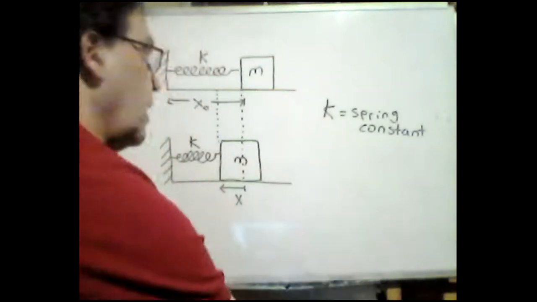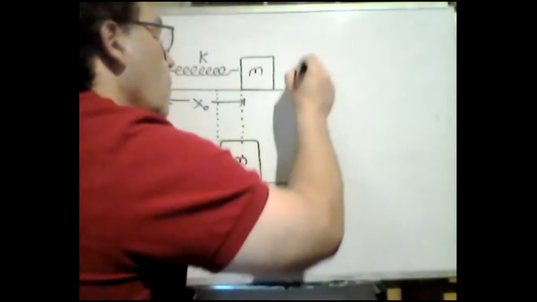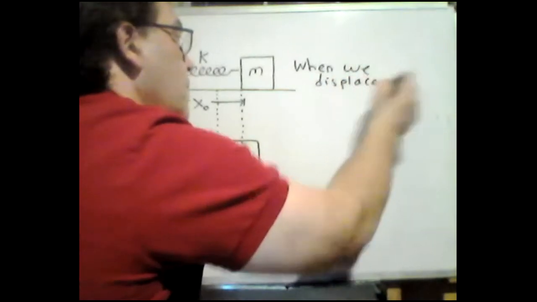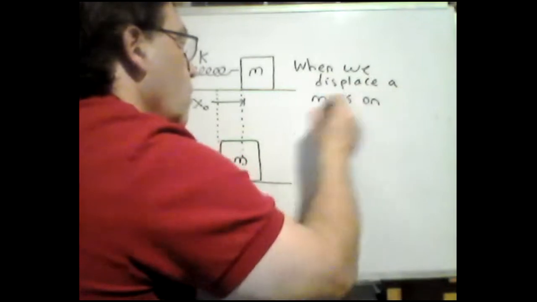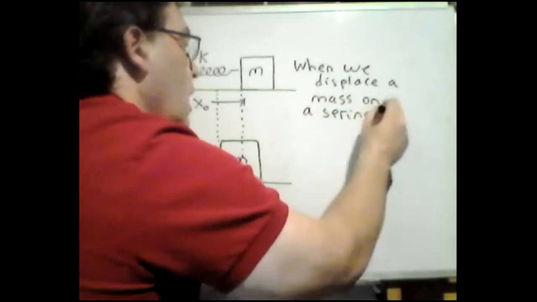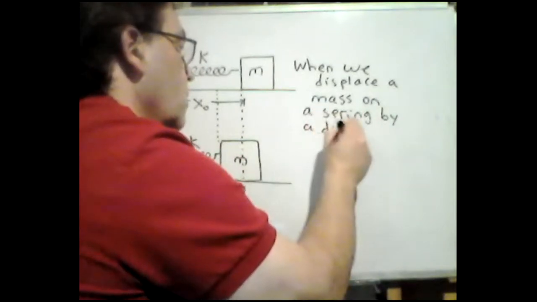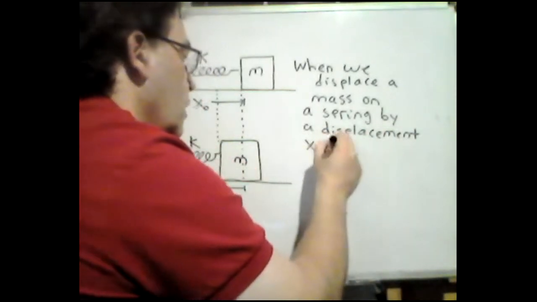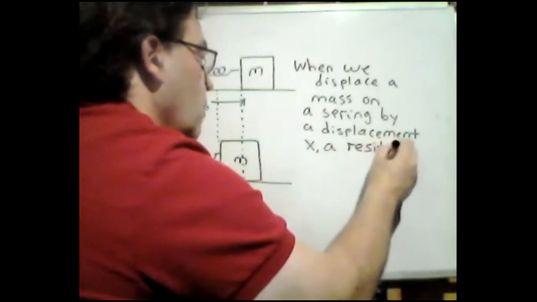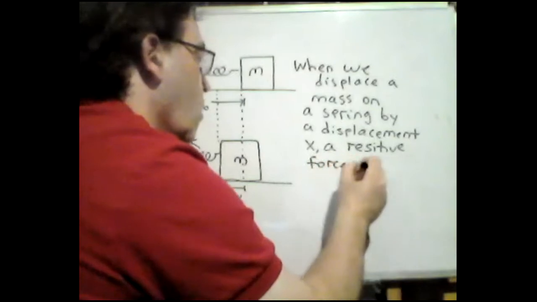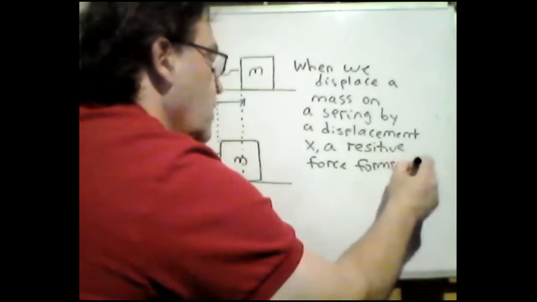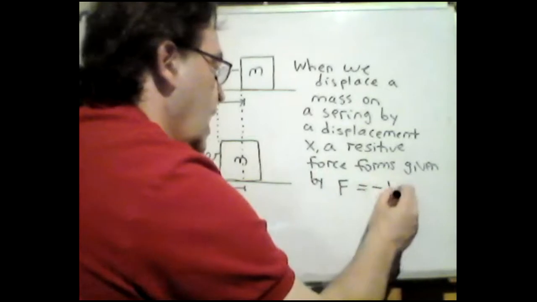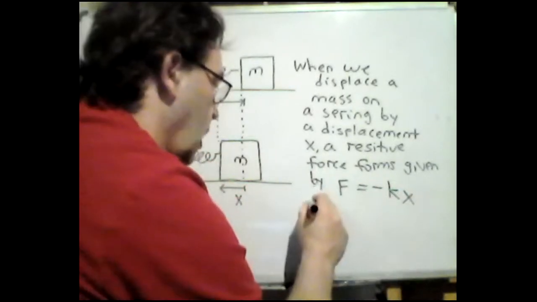So when we displace a mass on a spring by a displacement x, a resistive force is given by F equals negative kx. This is called Hooke's law.